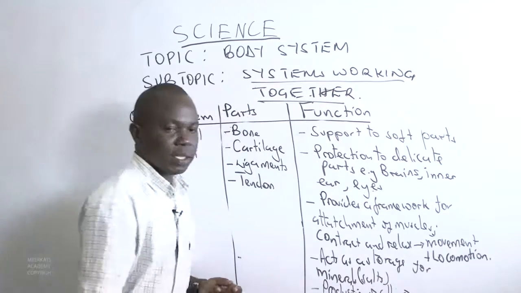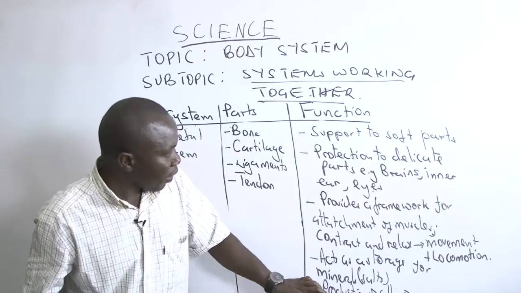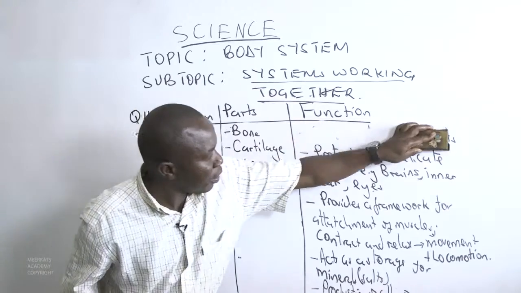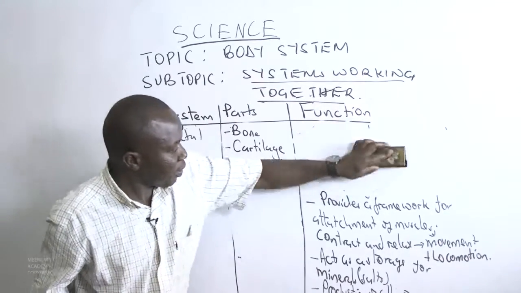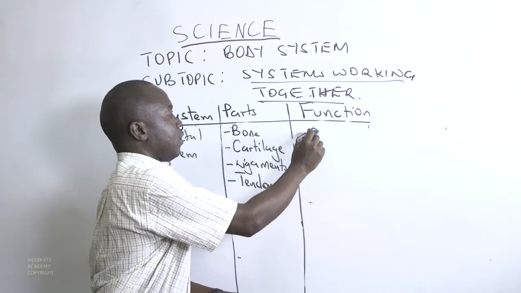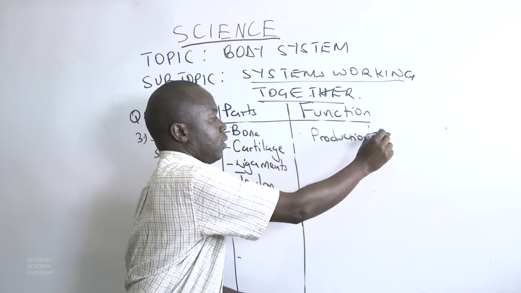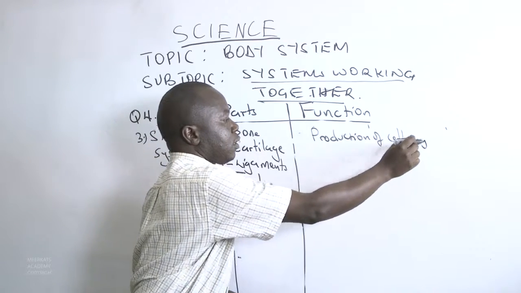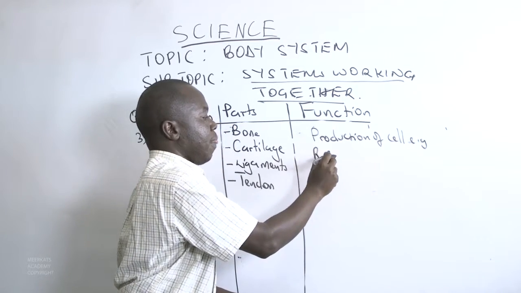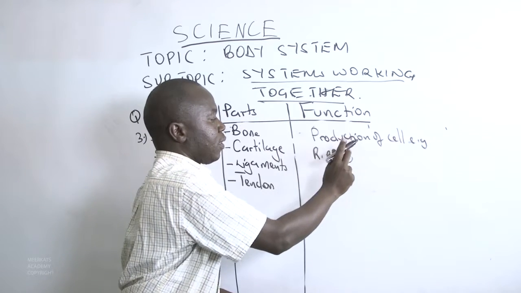Remember the cells that we identified. Production of cells, e.g. red blood cells and platelets.